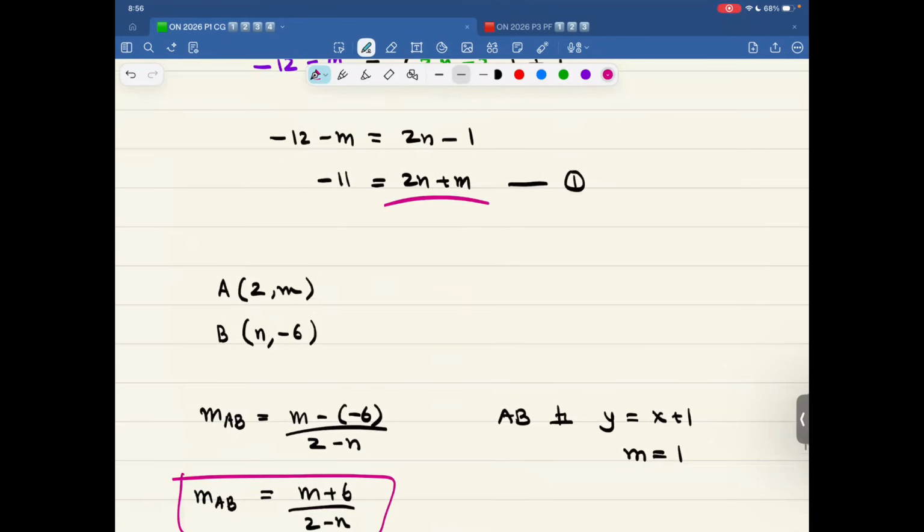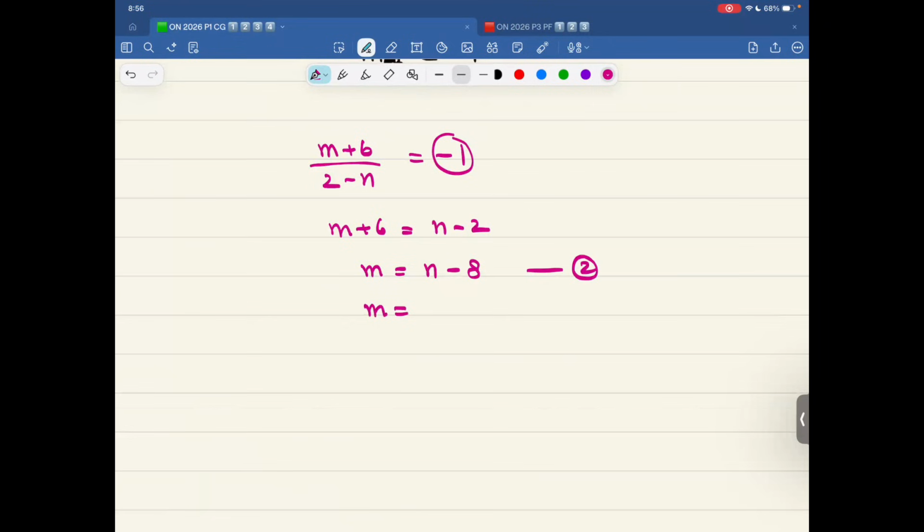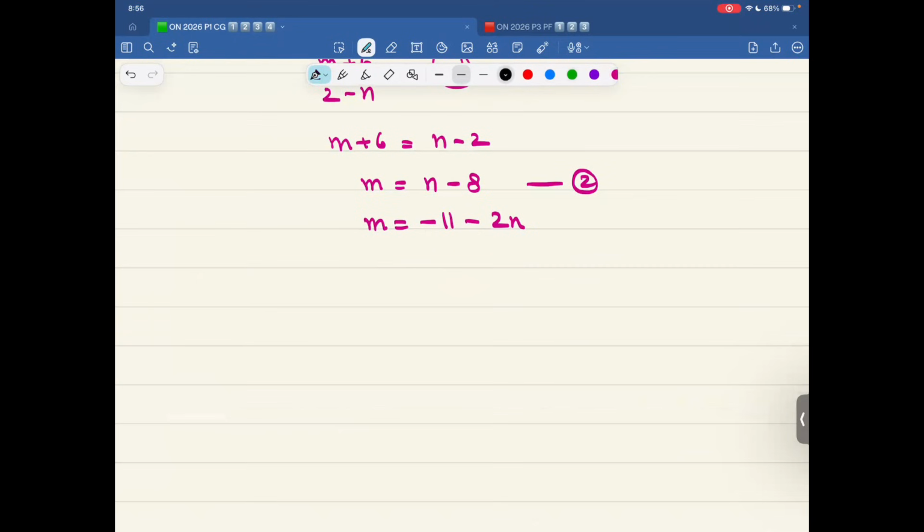Equation number 1, 2n plus m equals negative 11. So m equals minus 11 minus 2n. Now solve it simultaneously.